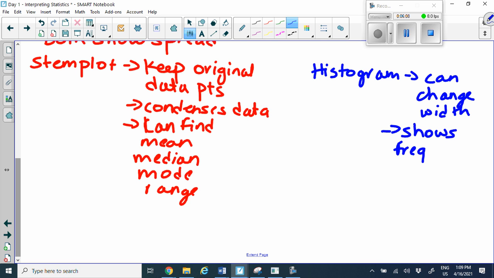So the nice part is it does show you how many of them, but not for each specific data point. And also, sometimes you might not need the actual values, and it's easier to construct and see the shape of.